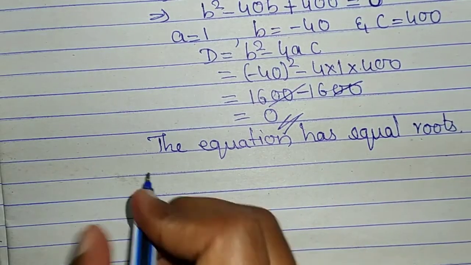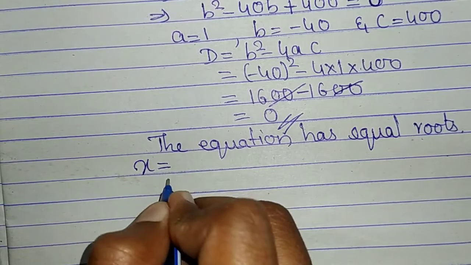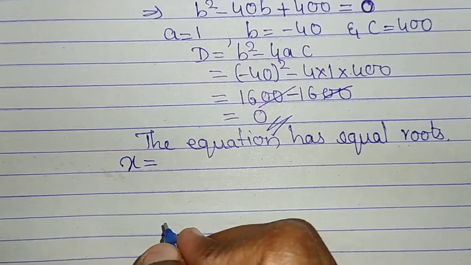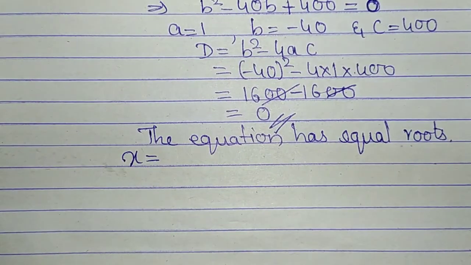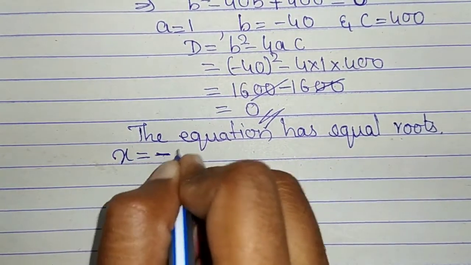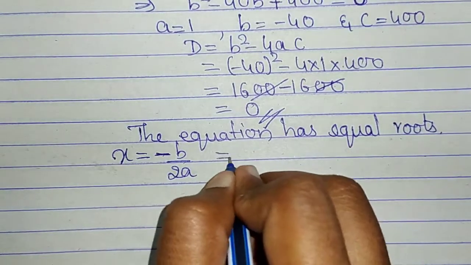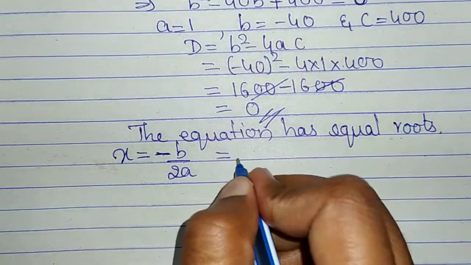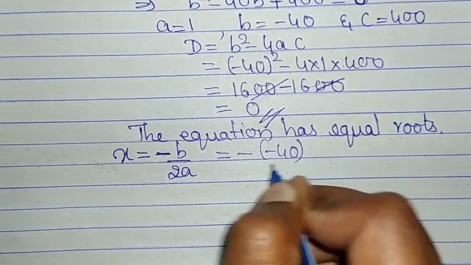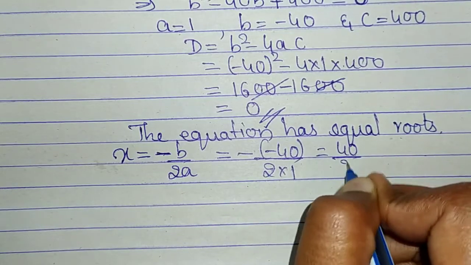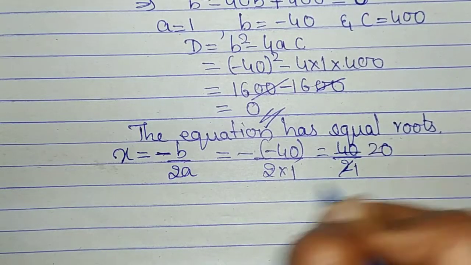So now the roots of the equation: since b square minus 4ac is equal to 0, I can write x is equal to minus b by 2a, which is equal to minus of minus 40 divided by 2 into 1. So minus of minus 40 is plus 40 by 2, which is 20.